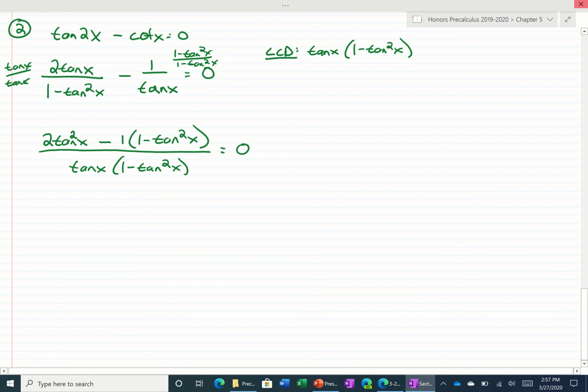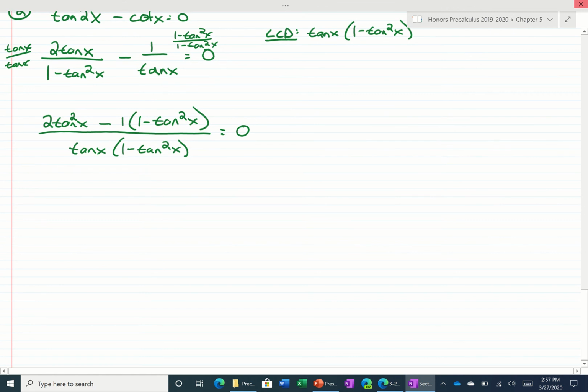Equals 0. So now the way that we solve a problem like this, we'll simplify the left, and then we'll set the denominator equal to 0, and we'll set the top equal to 0. So let's see what we get. On top, we get 2 times the tangent squared of x minus 1 plus the tangent squared of x, all divided by tangent of x times 1 minus tangent squared of x.